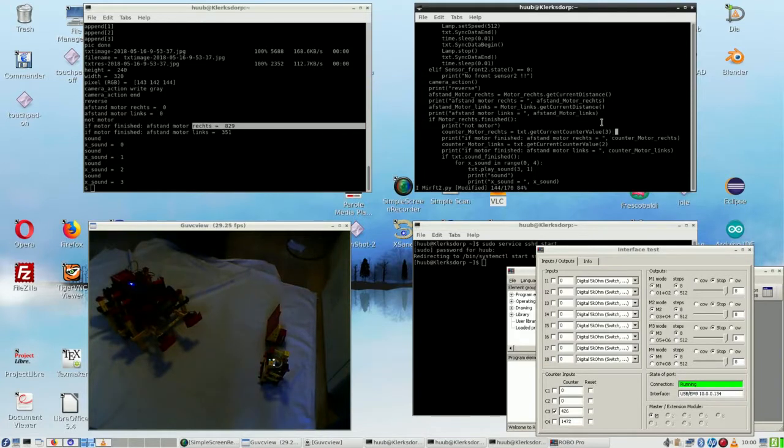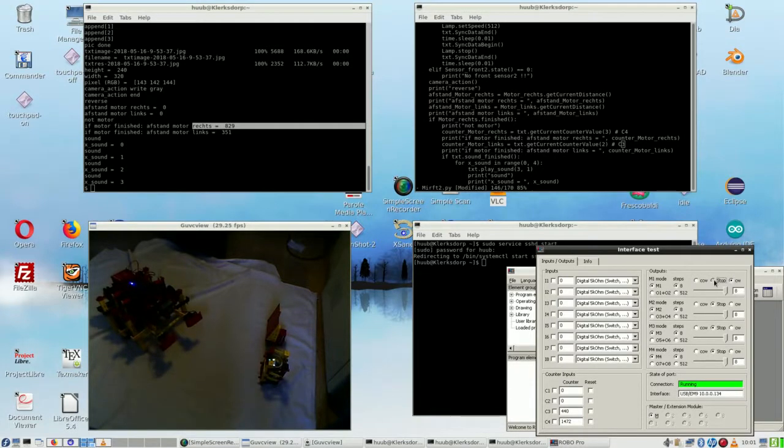Here as well, C4 and C3. So which one goes? If I press this one, where does it go? That goes with C3. Yes, and M2 goes with C4, which is the left one.